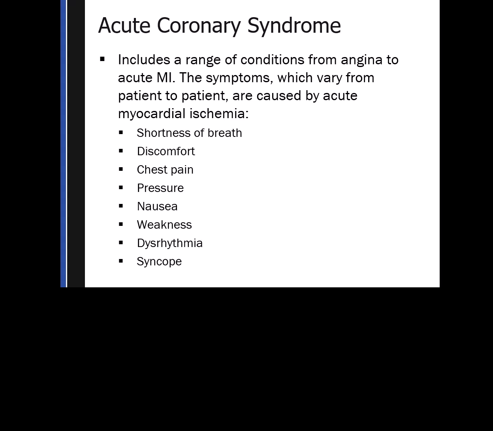I think we kind of talked about this a little bit. What is the hallmark sign or symptom that we see with females or diabetics that often indicates that they're having a heart attack? Tiredness that is what? Without a cause. So if your patient is a female or a diabetic, and especially, James, if your patient is a female and a diabetic, and they say, Paramedic James, I am tired.